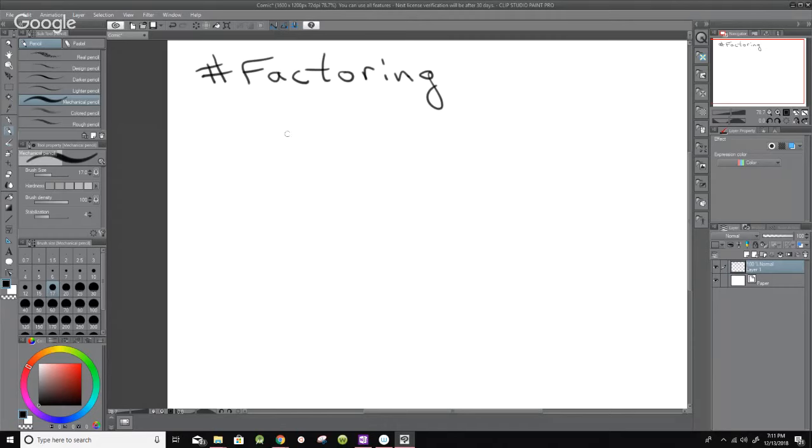So let's say the teacher gave you on the test something that looks like this. We said we know that because it's a quadratic equation and it's squared, we expect to have two roots.